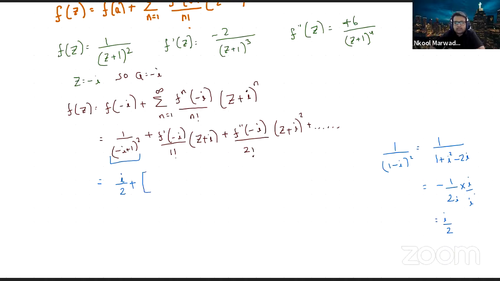Now f dash of minus i. So f dash z is minus 2 upon (z plus 1) cube. So I can write minus 2 upon (minus i plus 1) cube. 1 factorial is 1 only, and I can multiply it with (z plus i).